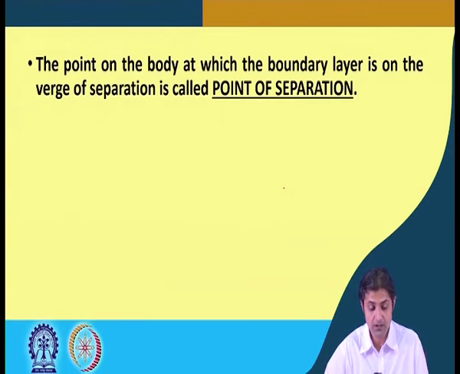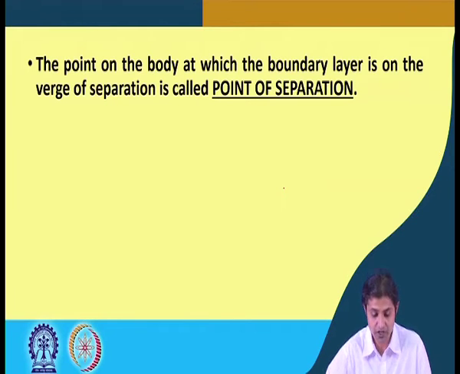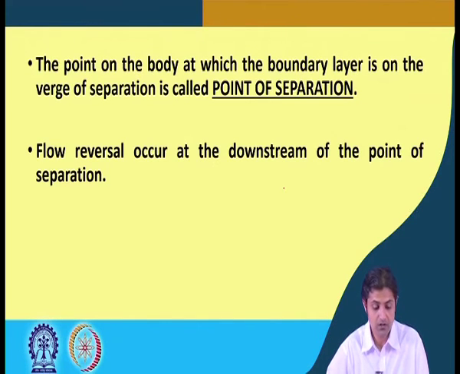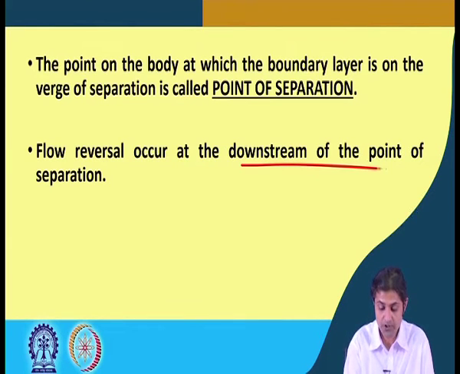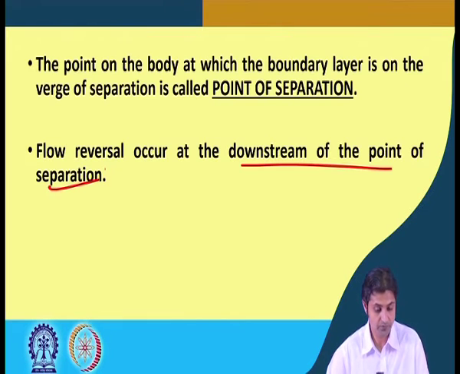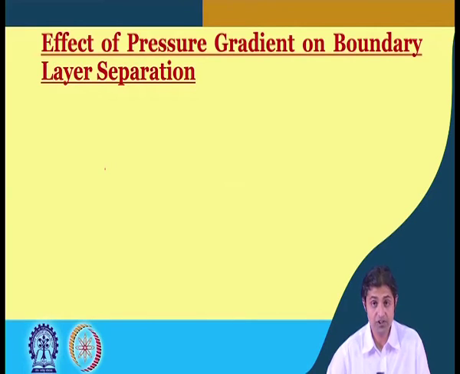The point on the body at which the boundary layer is on the verge of separation is called the point of separation. The flow reversal can occur at the downstream point of the separation. This is exactly what this phenomenon is.